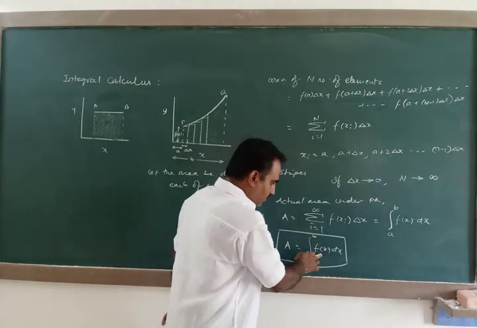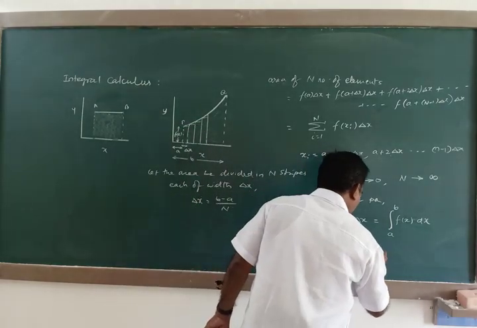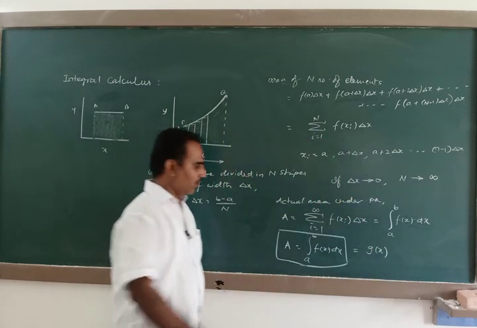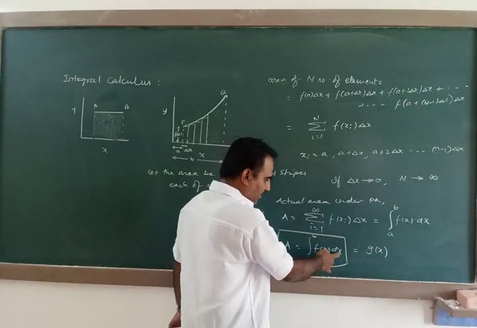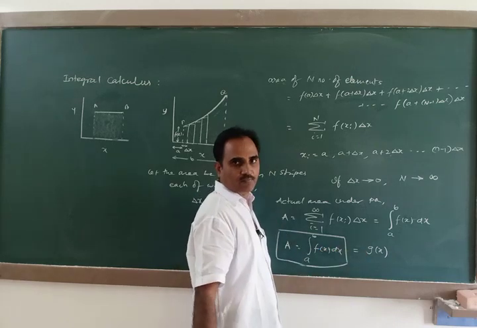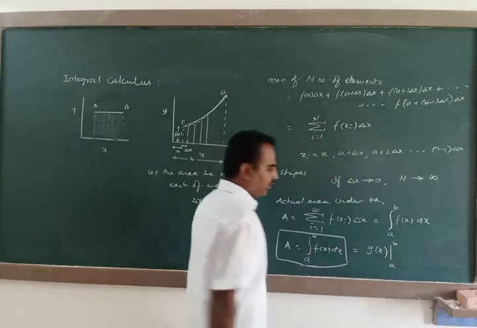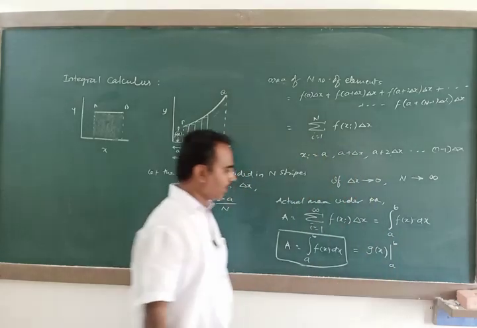So when you integrate this function, you will get some other function like this. When you integrate f(x) with dx, you will get g(x). So for this g(x), these are the limits a to b.